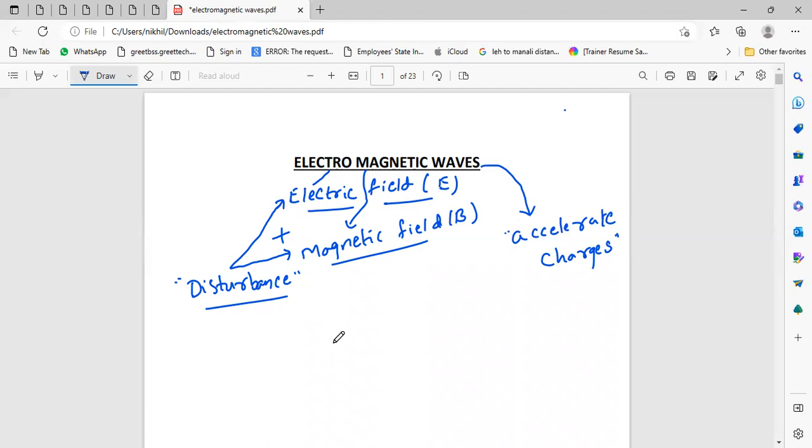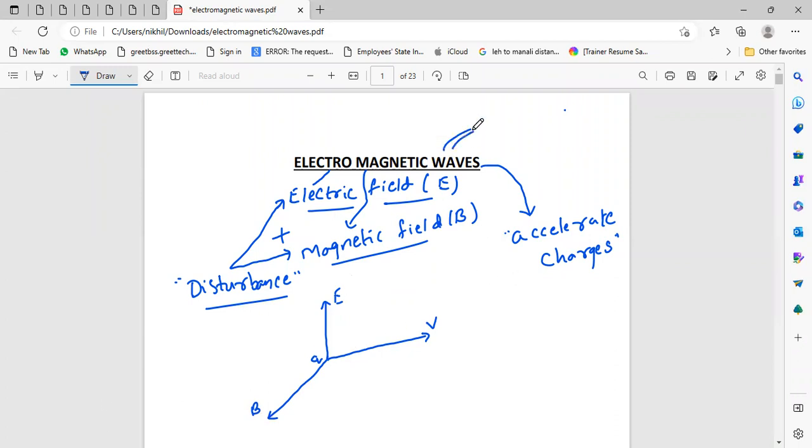For example, if I am applying the electric field along the y-axis and there is a charged particle here, this charged particle is accelerating along the x-axis with velocity v. Perpendicular to this electric field, I am going to apply the magnetic field. Here, the electric field and magnetic field are perpendicular to this velocity.